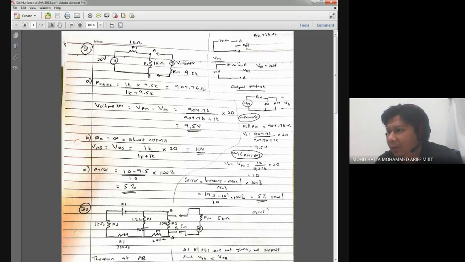But on the right hand side, you can justify it by saying that this 20 is coming from the VTH value, or the open circuit value over here. Anyway, you still got a full mark for that, luckily.